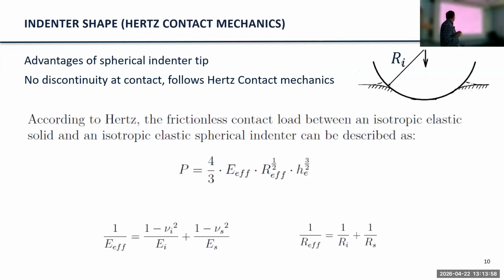Then we come back to this question of why would you use a spherical tip? Well, the beauty of a spherical tip is that it follows Hertzian elastic contact. And we have equations that describe the force versus the displacement of the material as it's going in elastically.